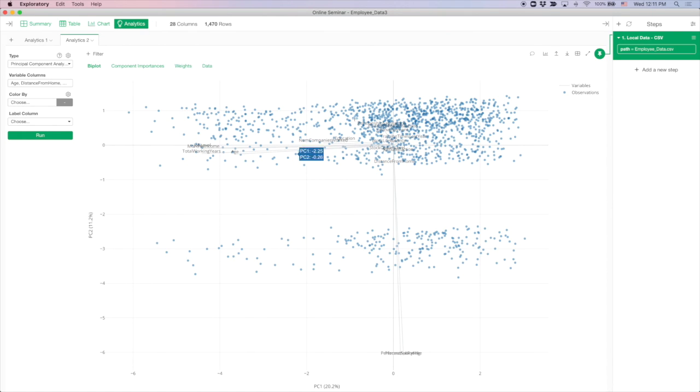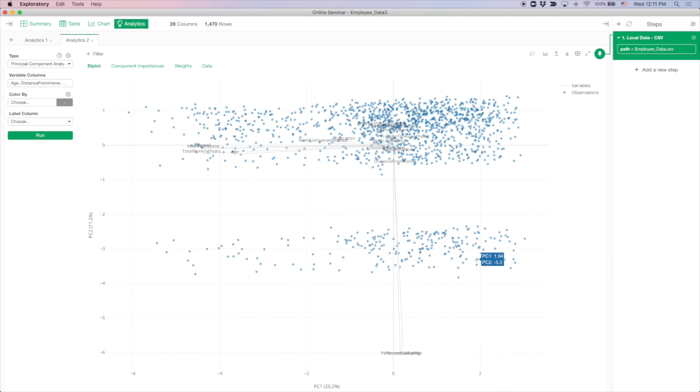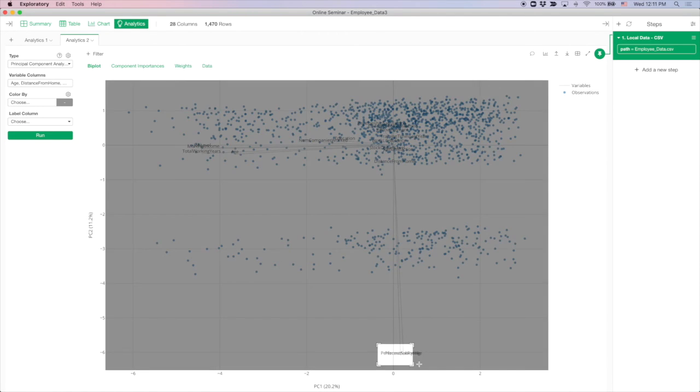It looks like there are two groups here, an upper side and a lower side, and what separates the upper and the lower is the y-axis. So what is the y-axis here? There are two measures, performance rating and percent salary hike.